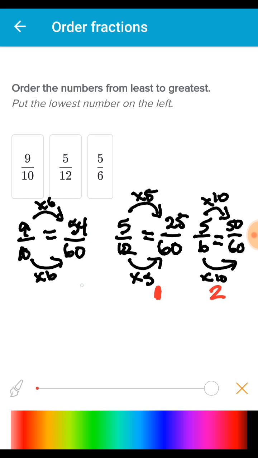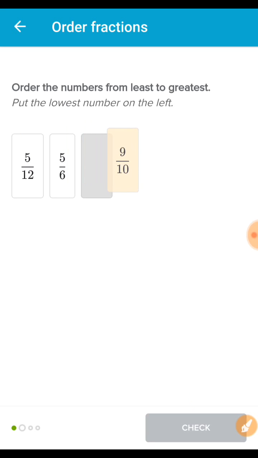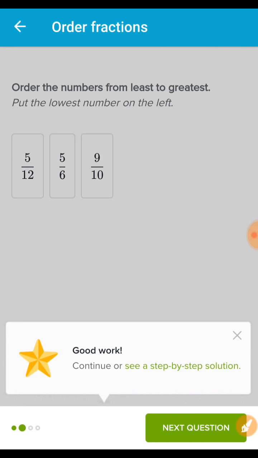And then 9 over 10 is the greatest because that's 54. So it should be 5 over 12 first, 5 over 6 second, and 9 over 10 third. So all I have to do is slide 9 over 10 all the way to the end, and that's it.